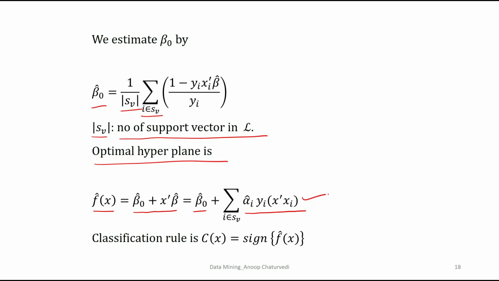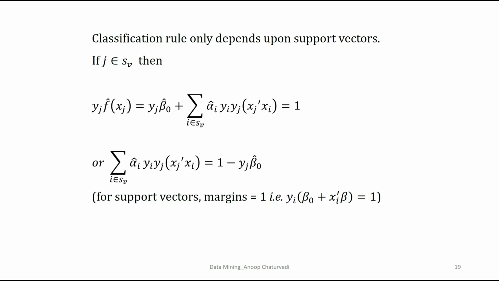So, we get this value for f hat x, and then the classification rule is C(x) equal to sign of f hat x. So, using this hyperplane, we can classify a new observation x also. The classification rule only depends upon the support vectors.